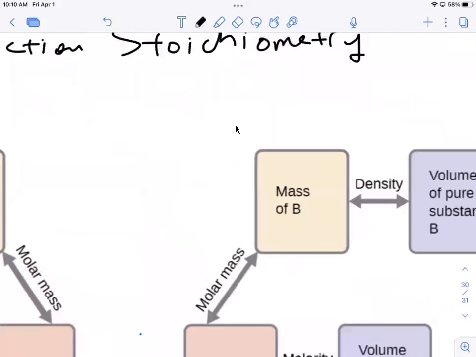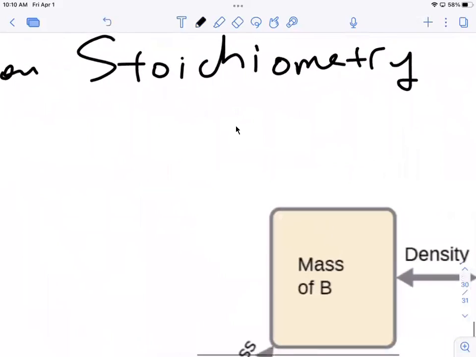It's the relationships between the substances that are in a reaction, right? So the reactants and the products, if you have A plus B going to C plus D, and you balance it, the coefficients tell us what the stoichiometric relationship is between them.